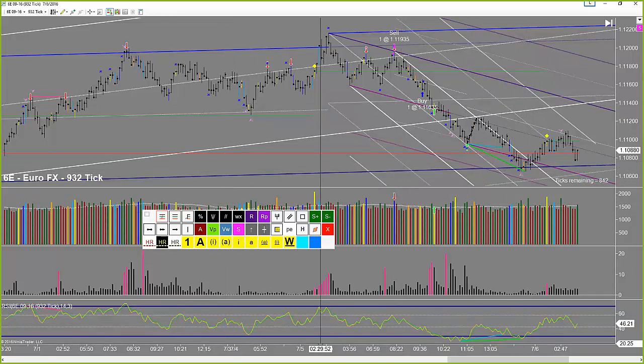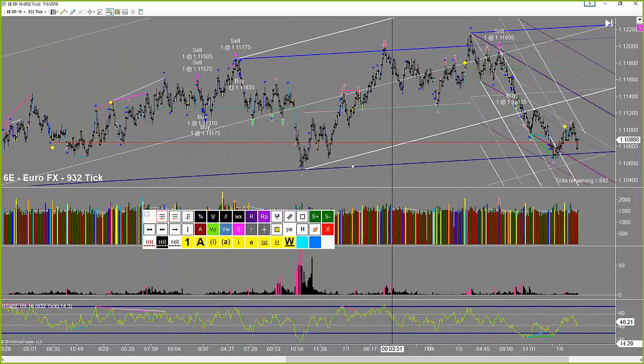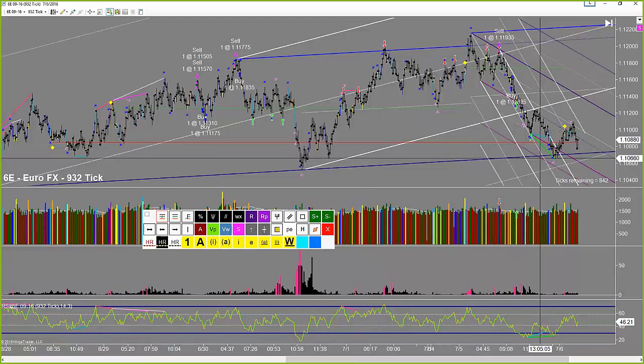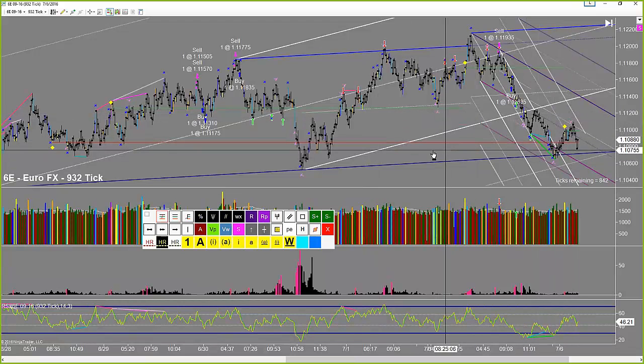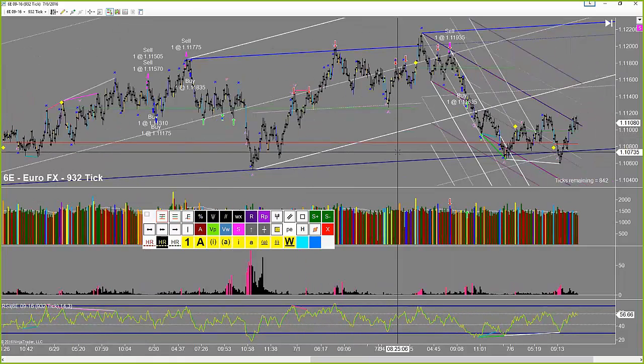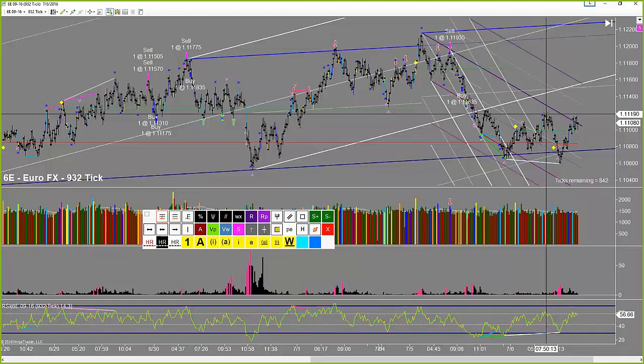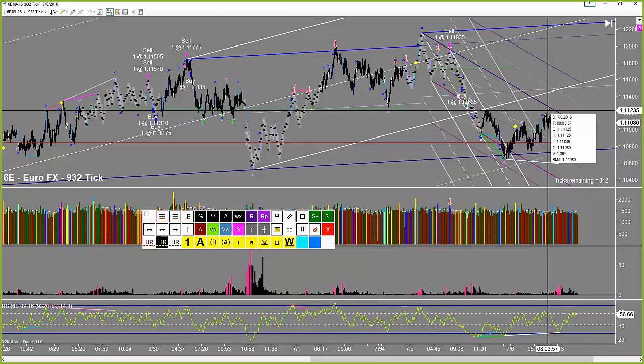To the trend line of that higher low that I was using. And then finally stopped and turned back up. And then of course we get that beautiful ABC back up into, I believe it was yesterday.